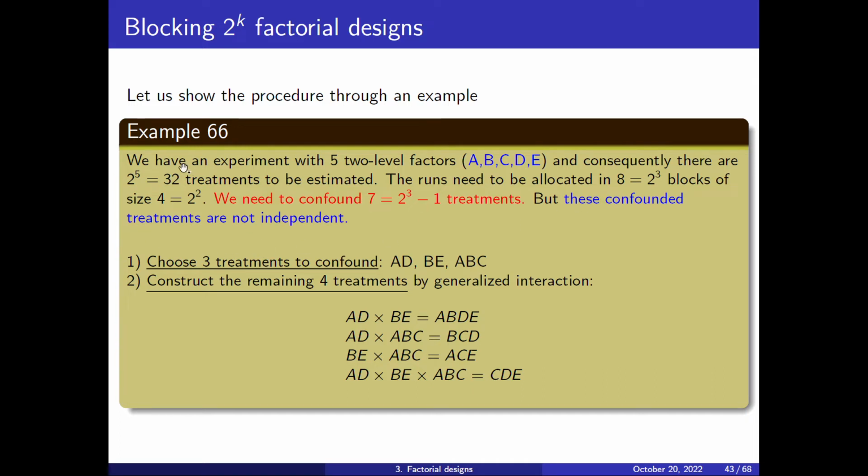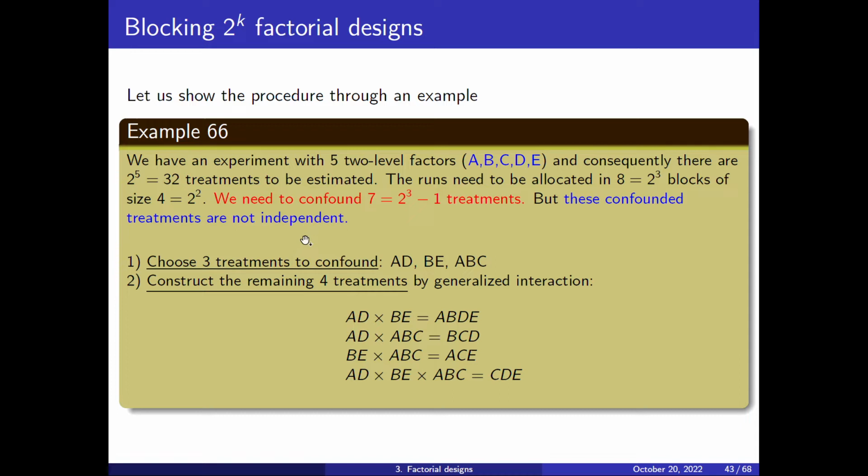So we will perform these 32 treatments in 8 blocks. We need to confound 7 effects, and 7 is 2 to the 3 minus 1, and 2 to the 3 because we have here the 8 blocks.